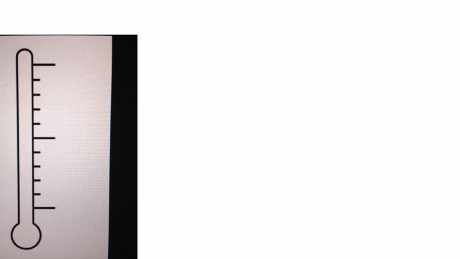So let's imagine that the temperature outside is currently 4 degrees. Let me number our thermometer quickly. I forgot to do that. So it is currently 4 degrees outside. In a few hours from now, the temperature is going to drop 3 degrees.